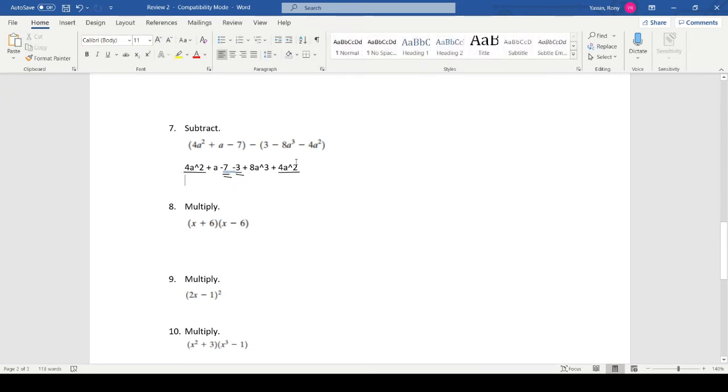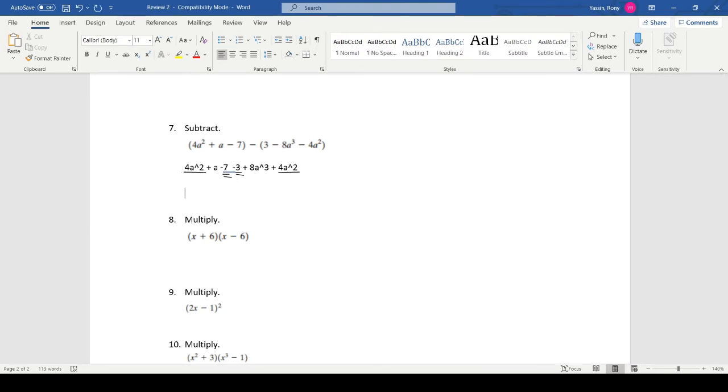So these go together, and then 8a to the third doesn't go with anything. So the end result here is we have 4a squared plus 4a squared, and then we have a by itself minus 7 minus 3, and then 8a to the third.